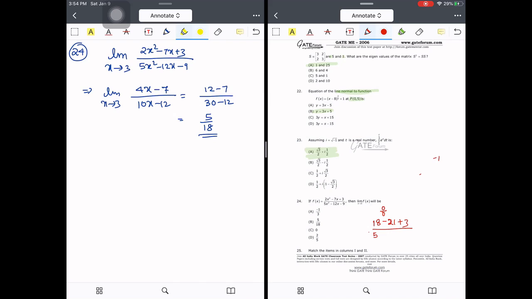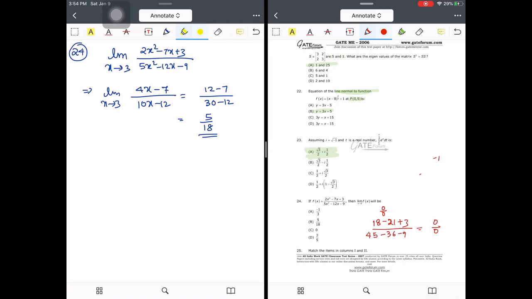If I put it, limit x tends to 3 gives 3 into 19 is 18 minus 7 into 21 plus 3, divided by 5 into 9, 45, minus 5 into 9, then minus 12 minus 3 into 36 minus 9.